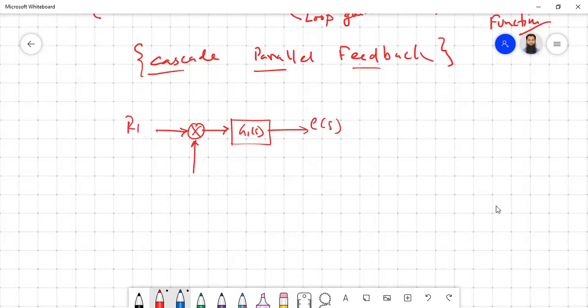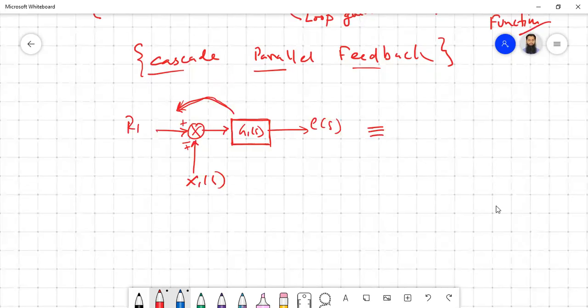So this is your R1(s) and this is X1(s). Now, because of this block, if it is difficult for us to apply the simplification, can we bring it to before the summing junction? It can have plus or minus. So how can we bring this block to this side? Okay, so is an equivalent model possible?